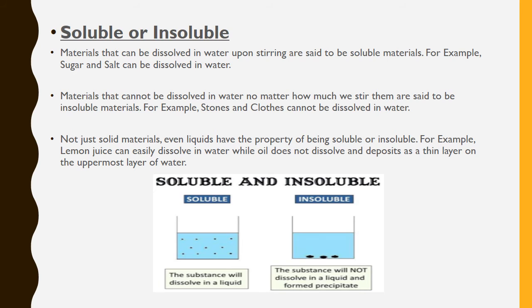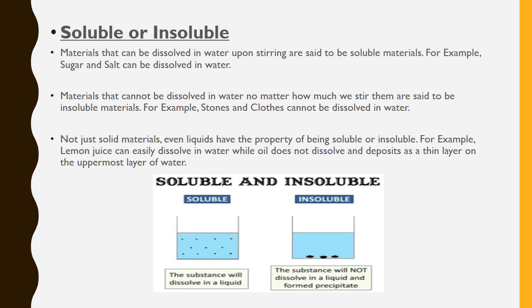Soluble or insoluble. Materials that can be dissolved in water upon stirring are said to be soluble. That is, the materials that dissolve completely, that property we call solubility.